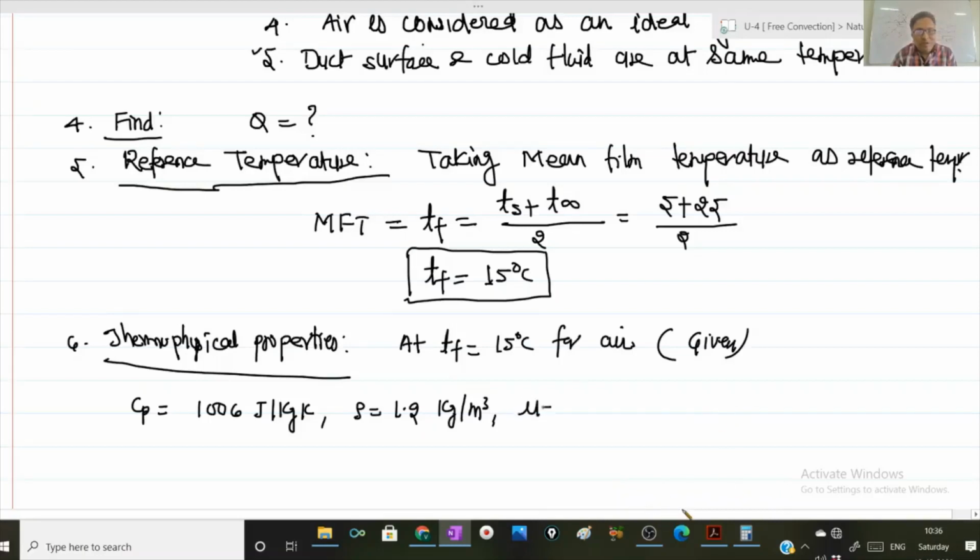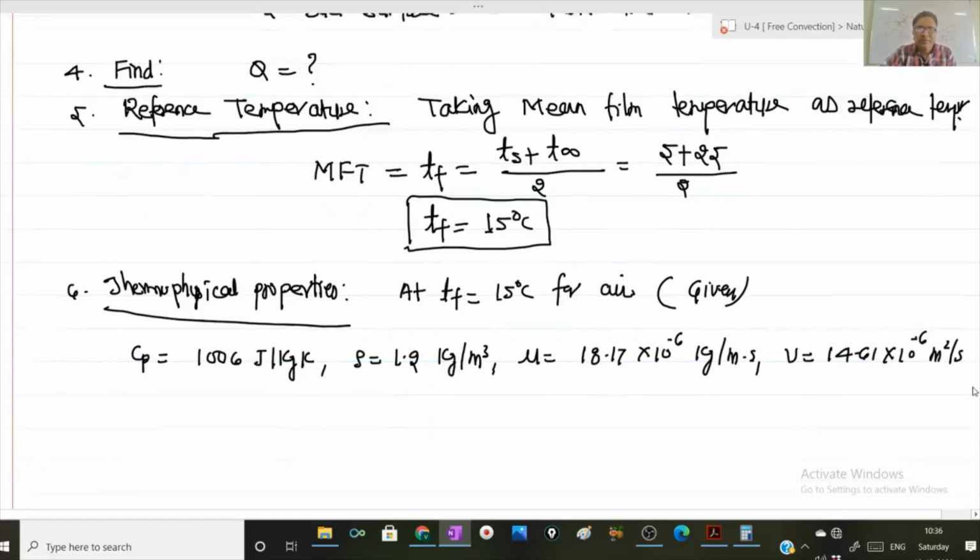Mu value is given as 18.17 into 10 to power minus 6 kg per meter second. Nu value is given as 14.61 into 10 to power minus 6 meter square per second.